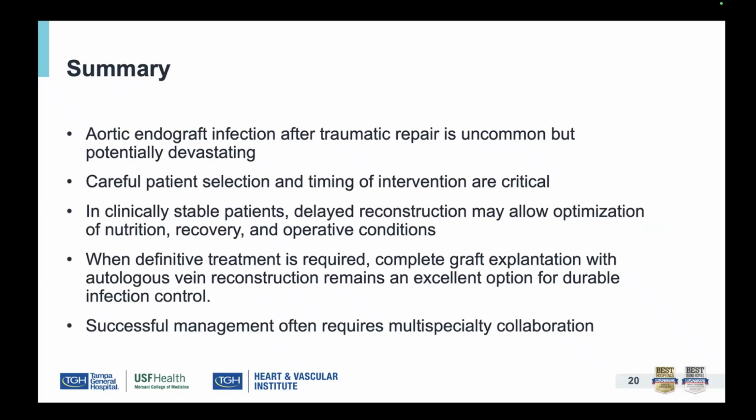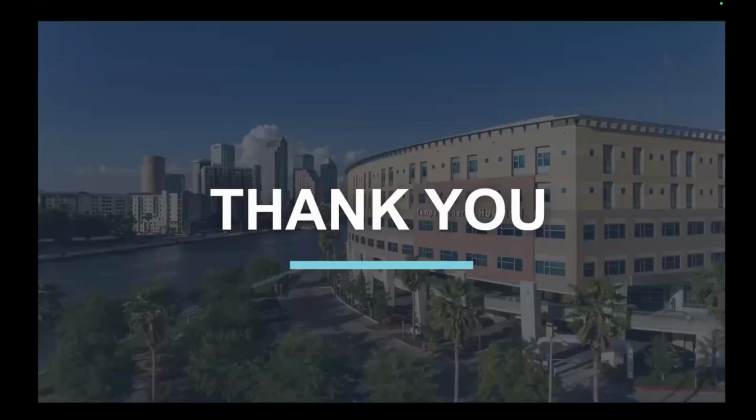Once you get to having to explant this, complete explantation with autologous conduit is the preferred choice. It remains very durable. And in this kind of scenario, having a multidisciplinary approach helps to optimize patient outcomes.